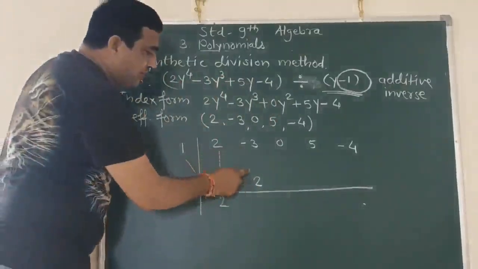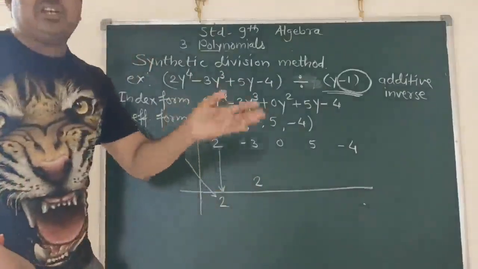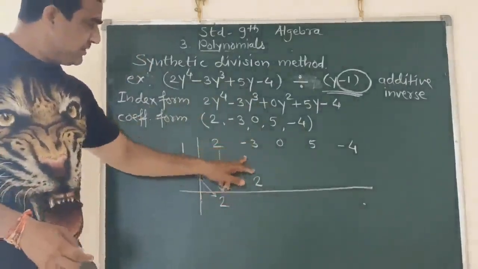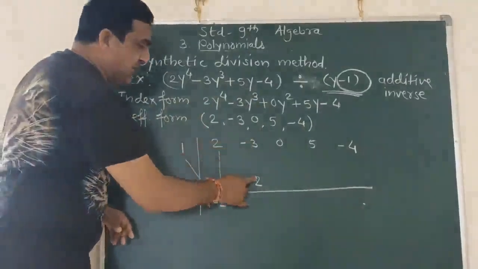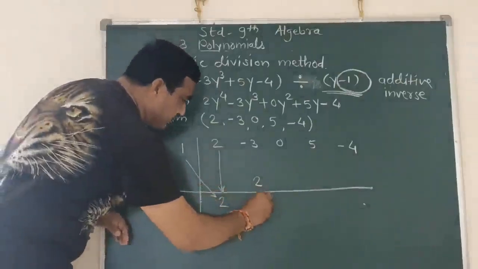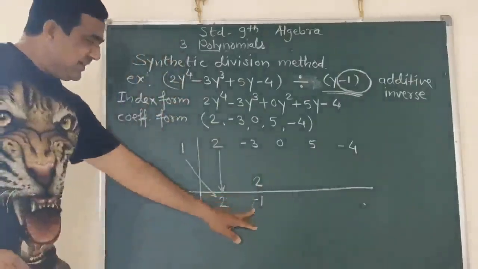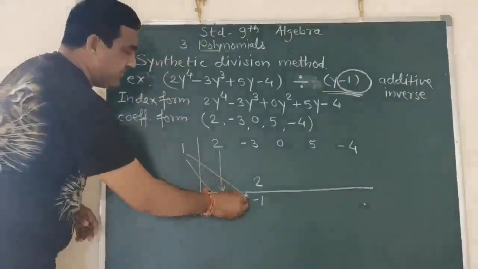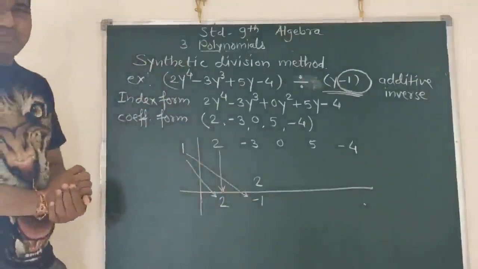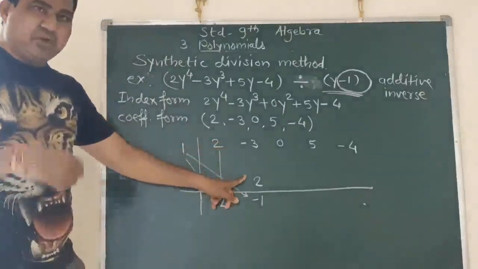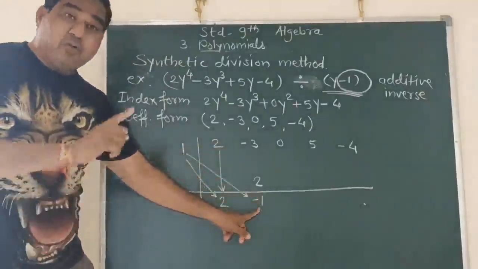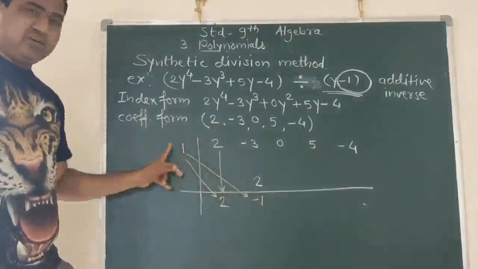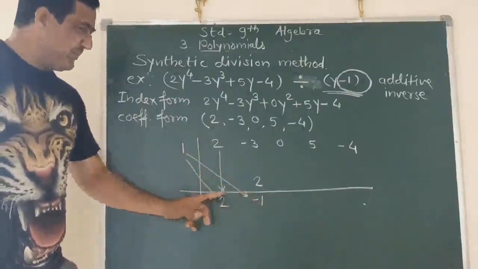Now in these two numbers, we have to perform addition or subtraction. Minus 3 plus 2, that is minus 1. Okay. After writing the number here, you have to perform the product again. 1 into minus 1, that is minus 1.